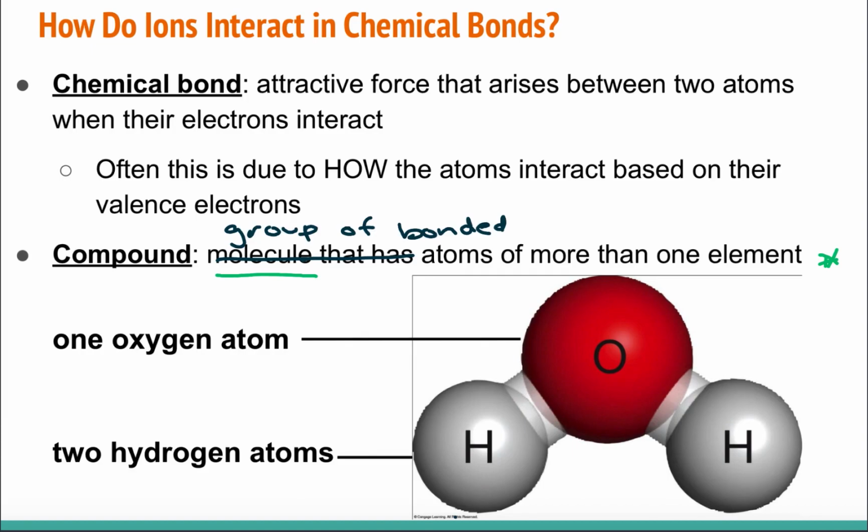And the reason why is that, for chemistry teachers, we tend to exclusively reserve the word molecule for molecules that occur due to covalent bonds. Okay? So this is why it's a little bit tricky. Yeah, it is a molecule a lot of the time, but not always. And I'll explain what a molecule is later on.